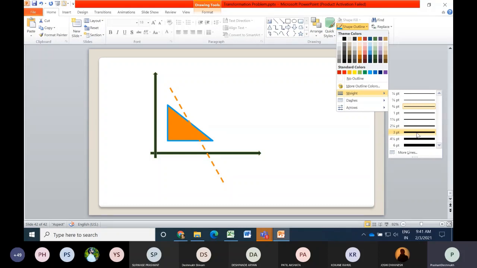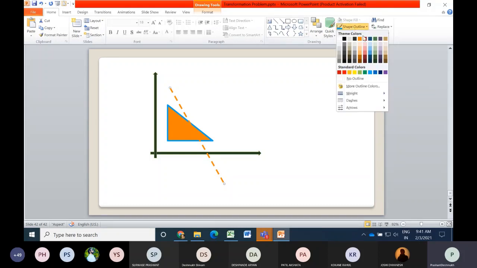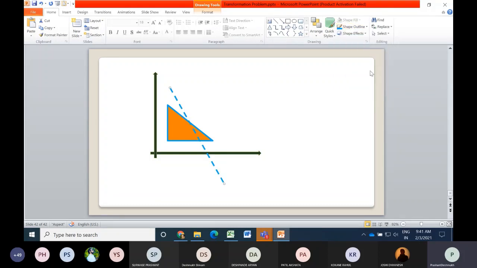Okay. Now, what do we want? We want to reflect this triangle about this arbitrary line.